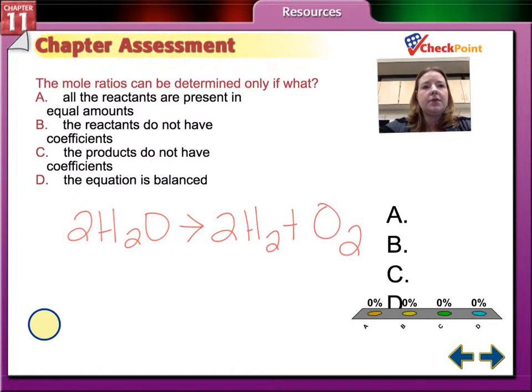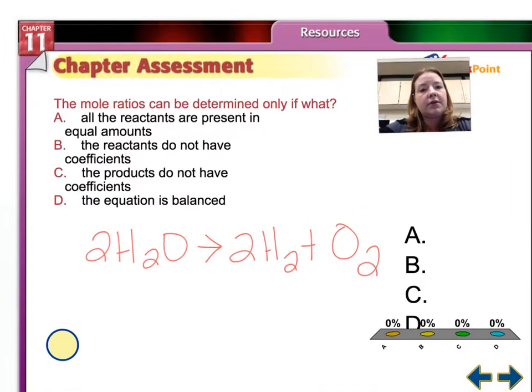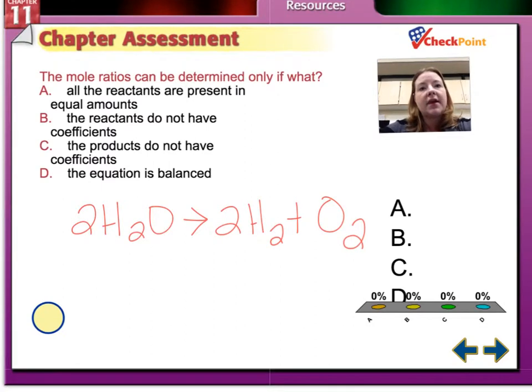Next question. The mole ratios can be determined only if what? A, all the reactants are present in equal amounts, so that means you have to have the equal amount of all materials that are going to be on our reactant side, over here on this side.